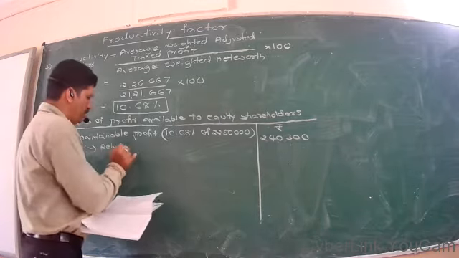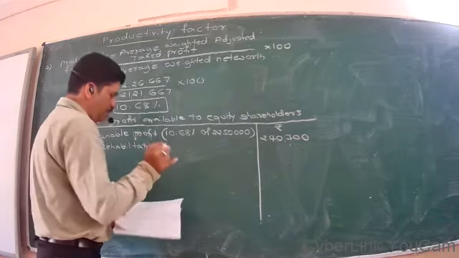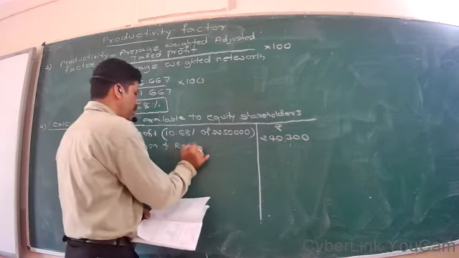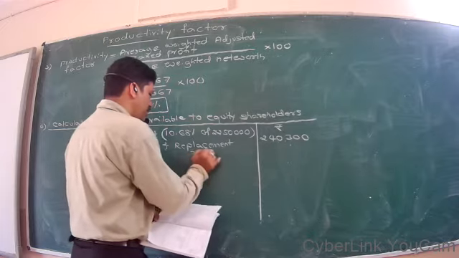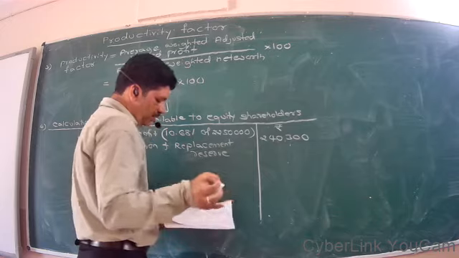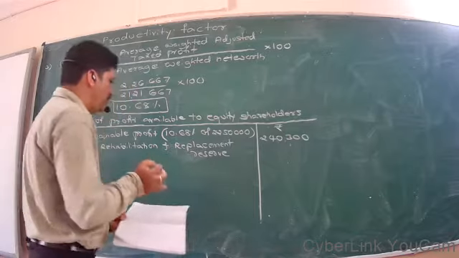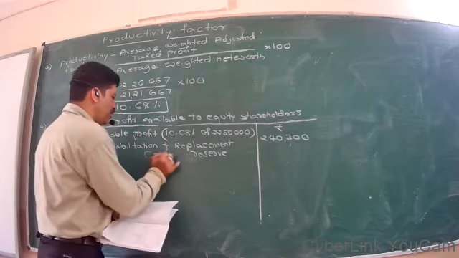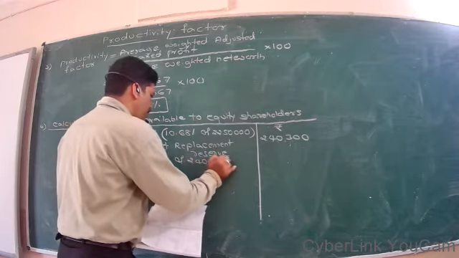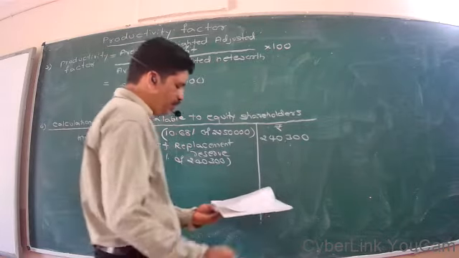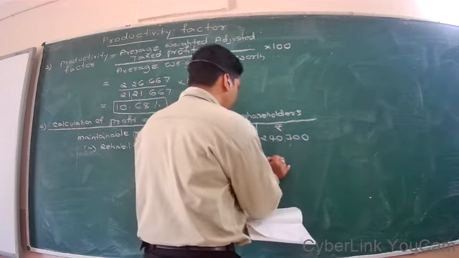Minus rehabilitation and replacement reserve. Yes. It is 25% of 2 lakh 40,300. So it becomes 60,075.